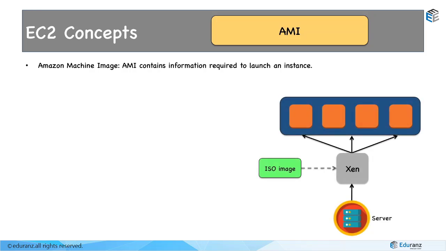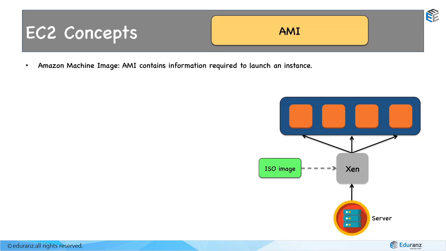Coming back to the same diagram, we have the hypervisor. We provide the hypervisor with an ISO image, and using that ISO image, the hypervisor launches one or more operating systems in virtual machines. So what does this ISO image essentially contain? So far we know that it contains an operating system, but it can contain other stuff also. What if you want to launch a Windows operating system with Microsoft Office already installed in it?